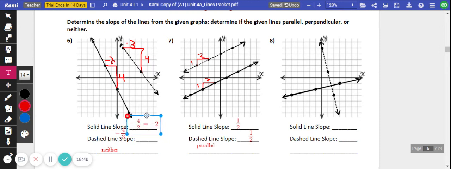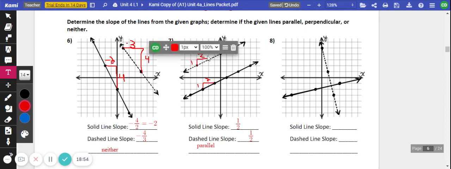The solid line was the one that had the 4 and the 2. Okay, so over here again, for question number 7, each one of these has a slope of up 1 over 2. So up 1 to the right 2, that's going to be positive 1/2. And those are going to be parallel lines.